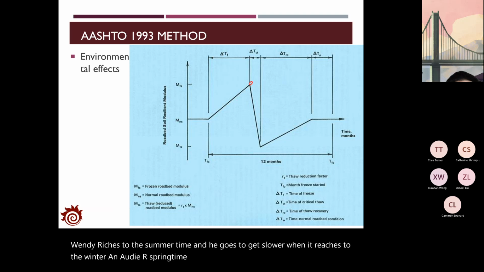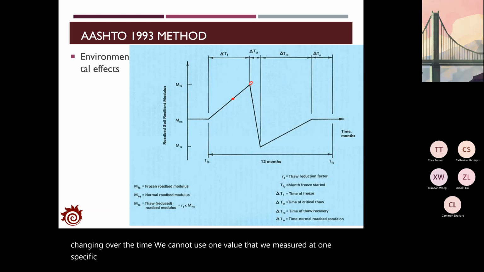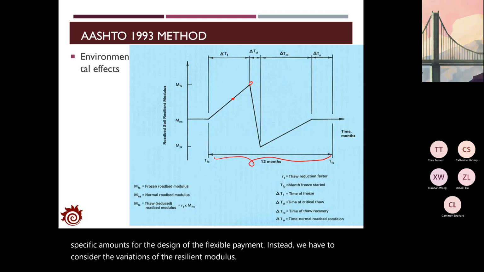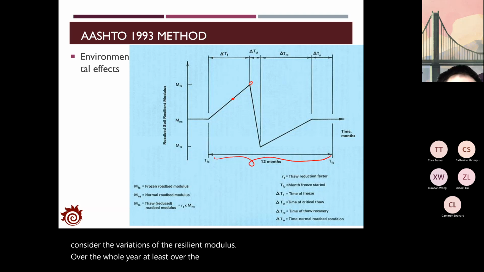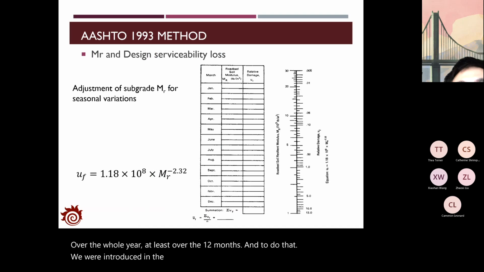So it indicates that the value is changing over time. We cannot use one value that we measured at one specific month for the design of the flexible pavement. Instead, we have to consider the variations of the resilient modulus over the whole year, at least over the 12 months. And to do that, we will introduce a new variable, which is called the UF.